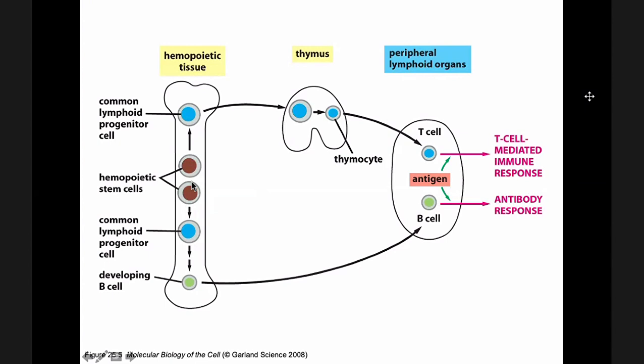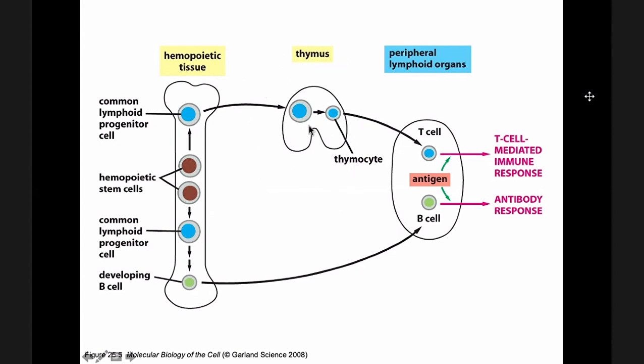Now, again, these are lymphoid progenitor cells. And if they have to give rise to T cells, they don't complete their journey in bone marrow. So they leave bone marrow and get into the thymus.